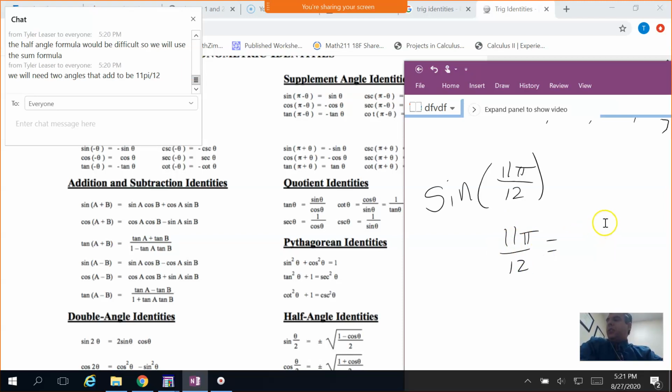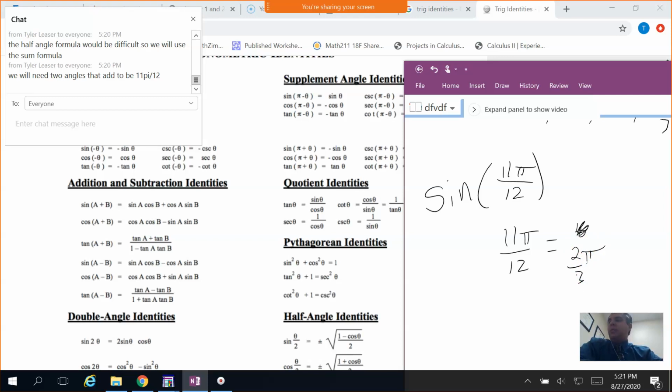But I'm pretty sure that two things that add up to be 11 pi over 12 is going to be, well, 5, well, I shouldn't have been so confident. Two things that add to be 11 pi over 12. 2 pi over 3, so that's 8 pi over 12.